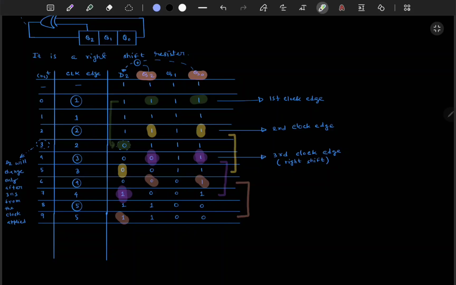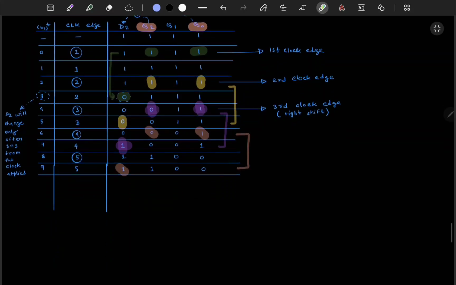So here you will see again a right shift will be there, because here 1 is there, so it will be right shifted like this, and this will remain the same. After 3 nanosecond again it will change. So here you can see 1, 2, 3. Here again it will change after doing these two XORs. These two XOR you will get this. Similarly it will go on.